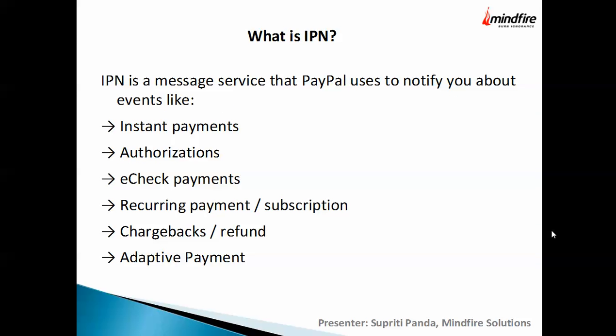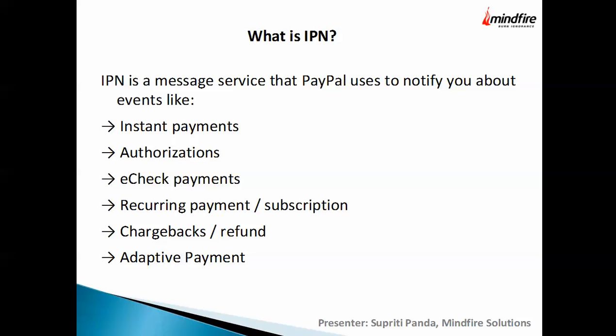So where do you use IPN? You can use it in instant payments, in authorization, and in e-check payments. In e-check payments the payment is not instant, right? It takes some time to process your check. So how will your application know whether the e-check is processed?